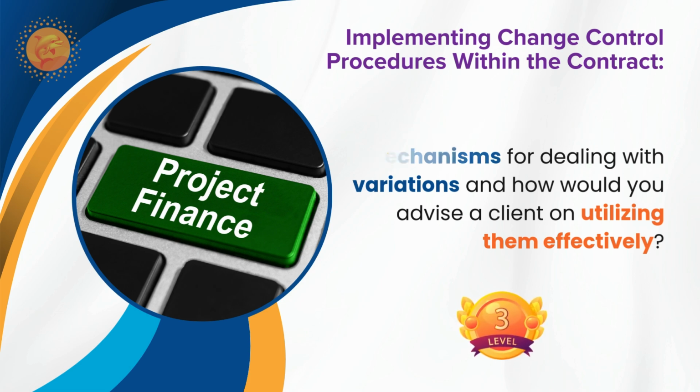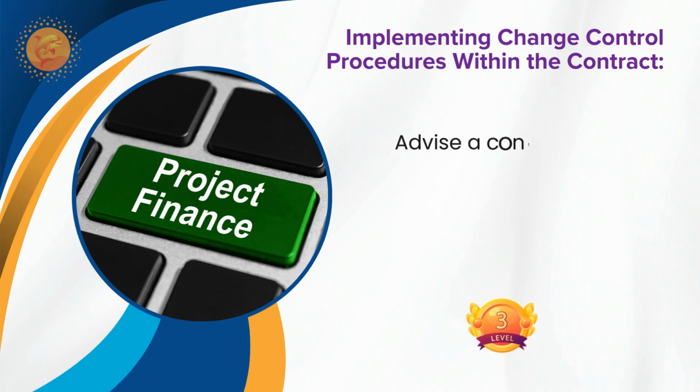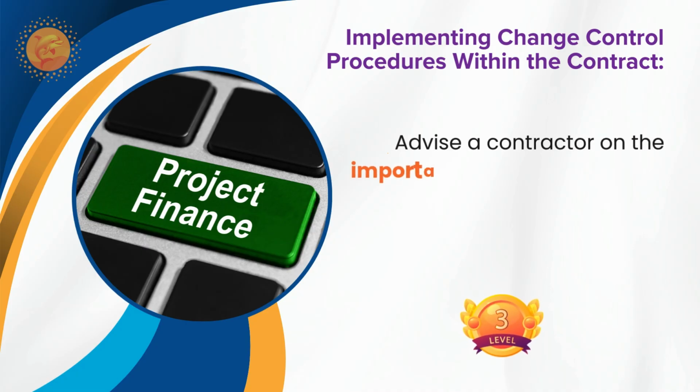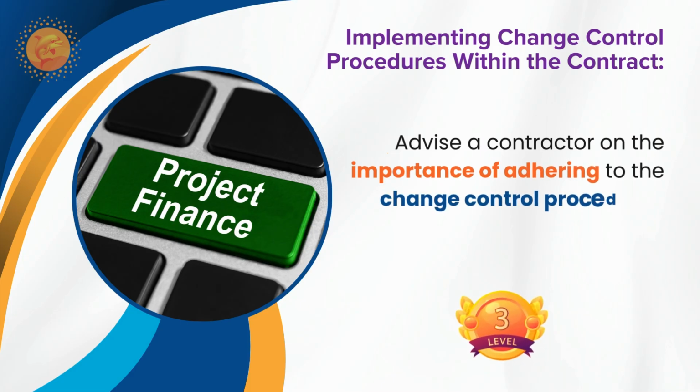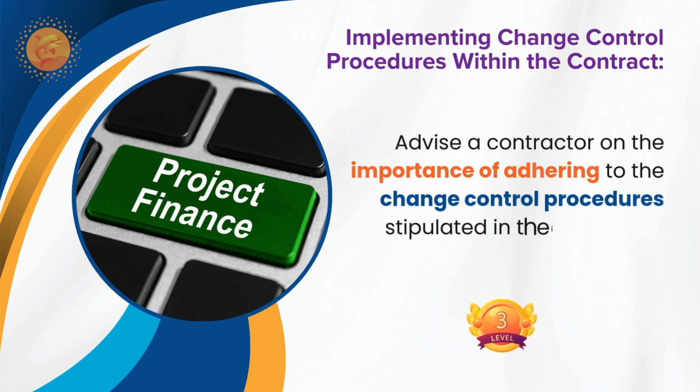Got it, sir. So here: advise a contractor on the importance of adhering to the change control procedures stipulated in their contract. Now the client has agreed with you about the change control procedure. Now you have the change control procedure, you are taking it to the contractor.